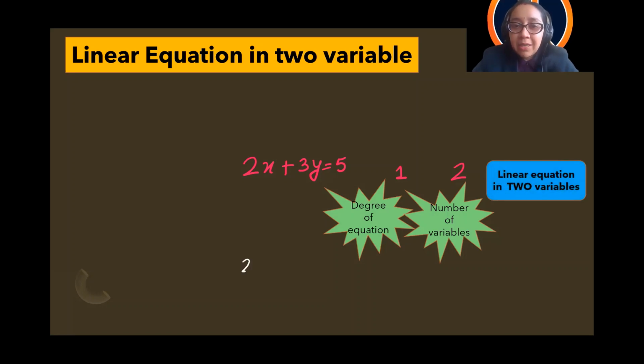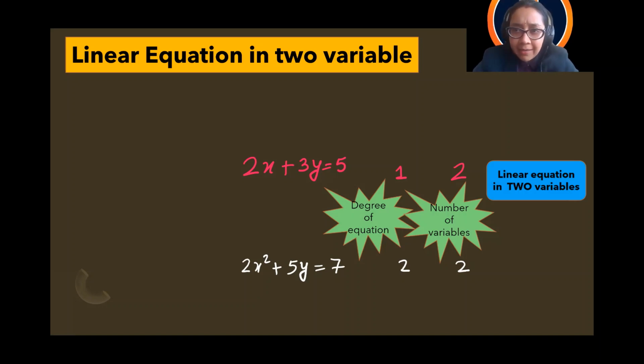Okay. Similarly, if we write 2x squared plus 5y equal to, for example, 7, then you can see that the degree of this equation is 2. It is not linear, that means. And the number of variables is x and y, which is also 2.